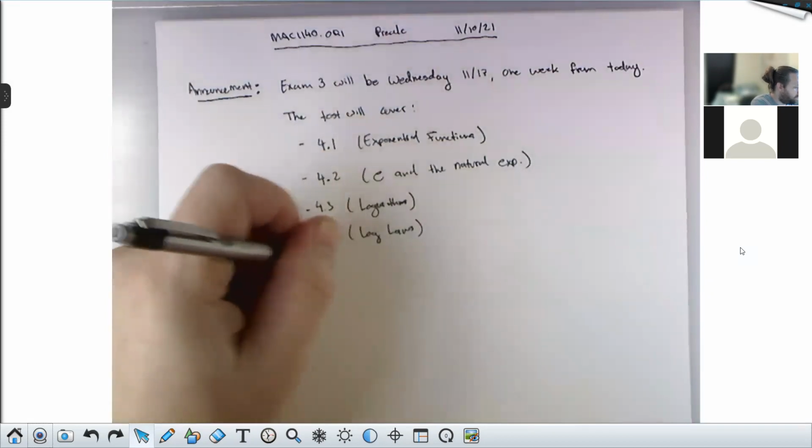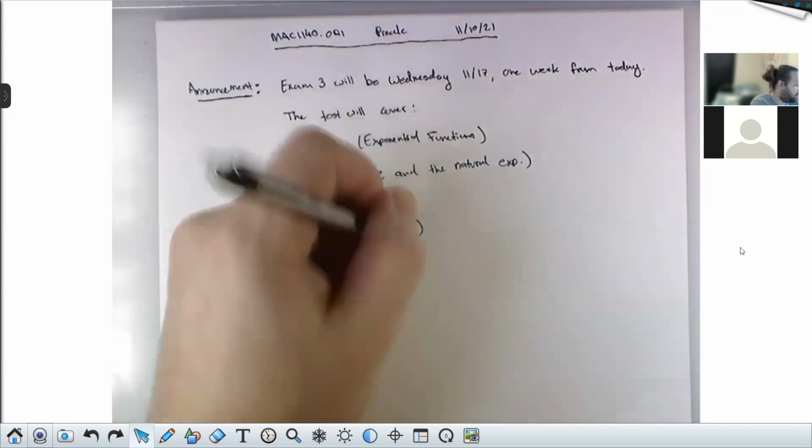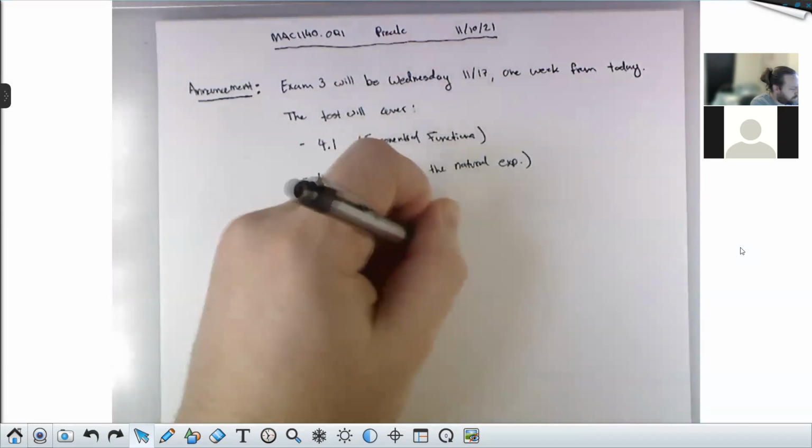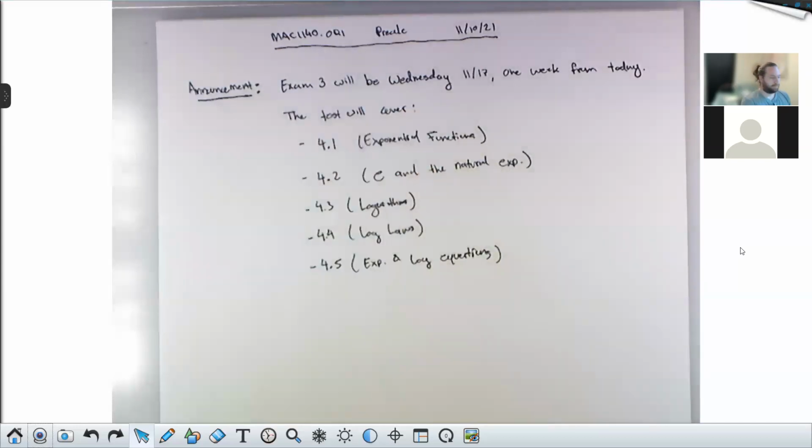And 4.5 on exponential and log equations. So that's it, just chapter 4, right?